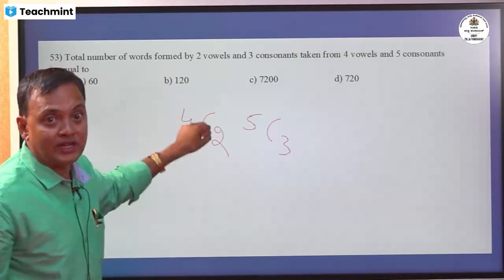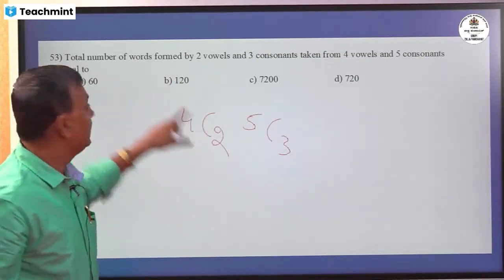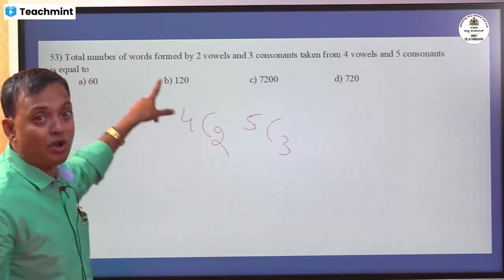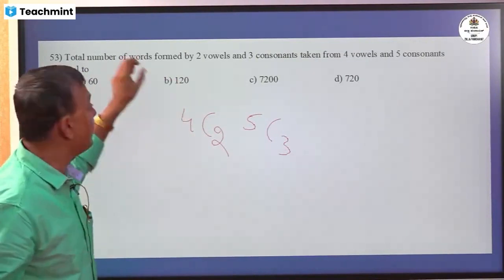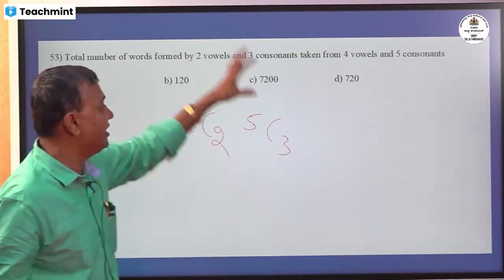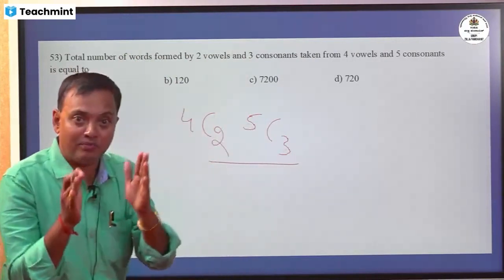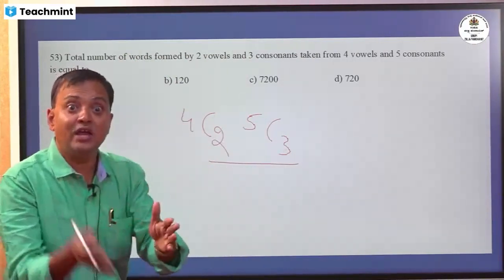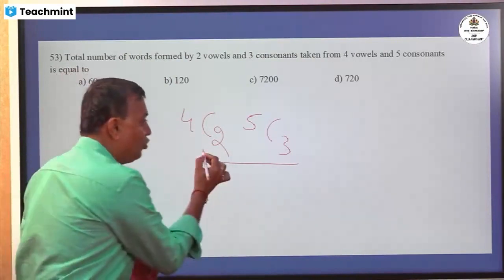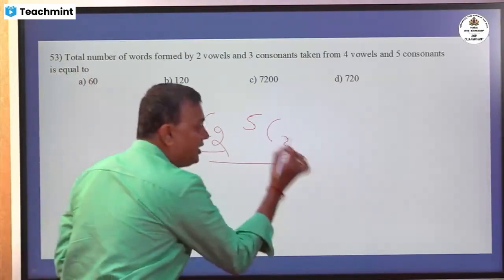5 letters. But what do we need to do here? We need the total number of words made by 2 vowels and 3 consonants. We have chosen only the letters. Then to make a word we have to arrange them among themselves. Here 2 distinct vowels, here 3 distinct consonants.